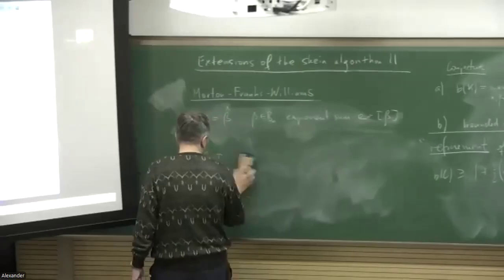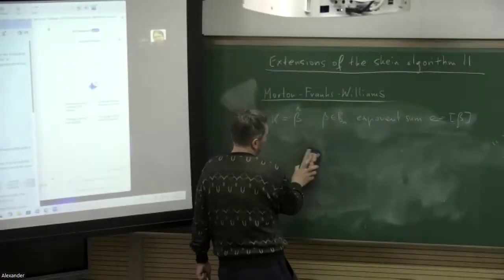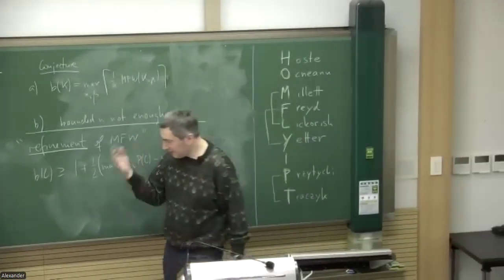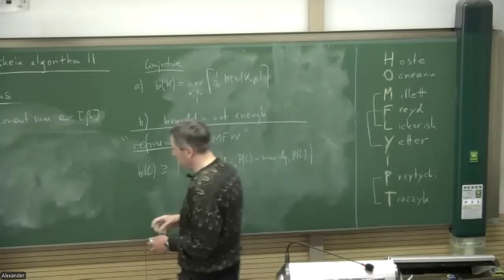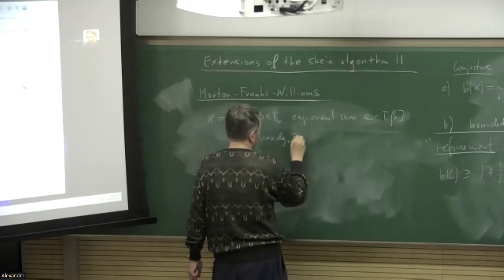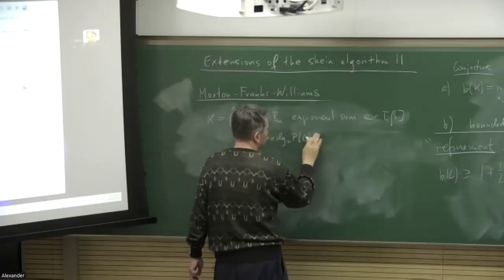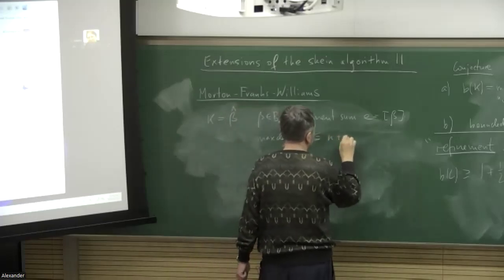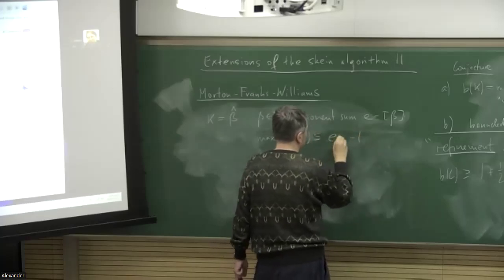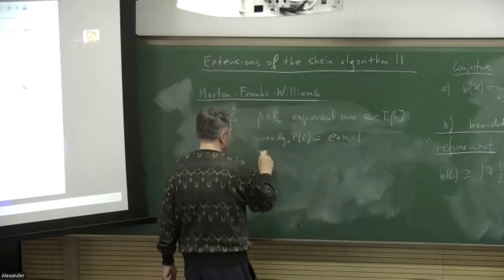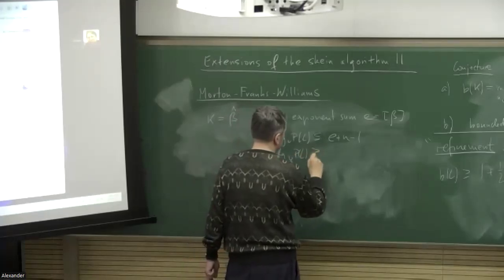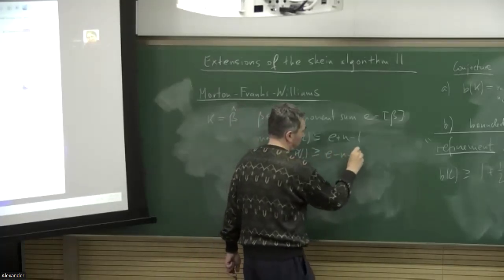So if you have a braid with exponent sum E, then you get inequalities from the individual degrees of this polynomial that occur in this inequality. You get maximal degree of V_P of L is less than or equal to E plus n minus 1, and minimal degree of V_P of L is bigger or equal to E minus n plus 1.